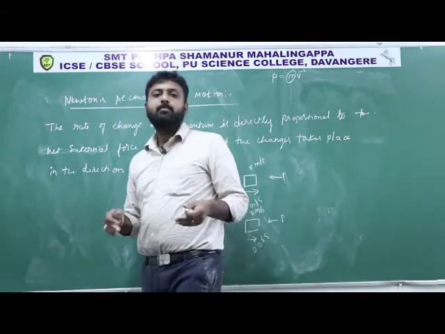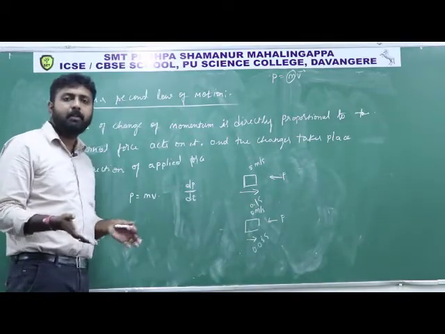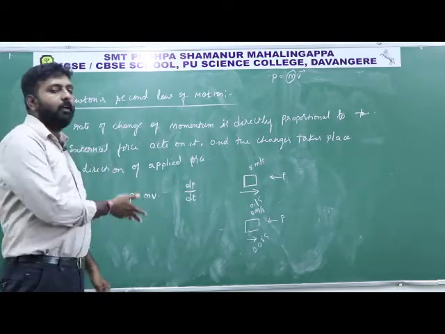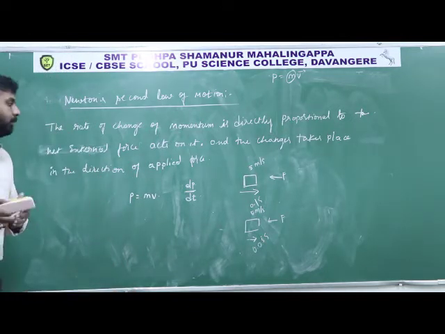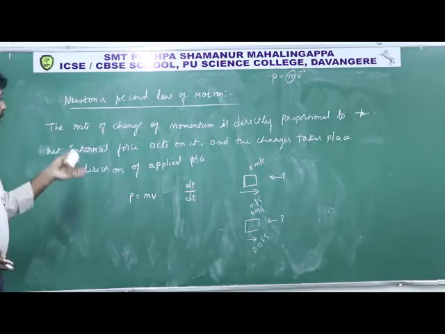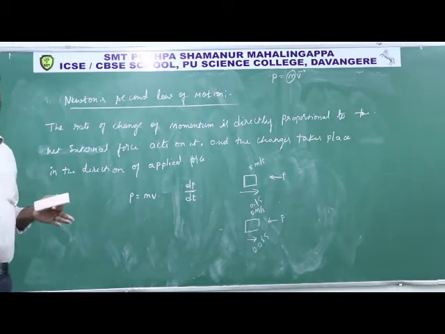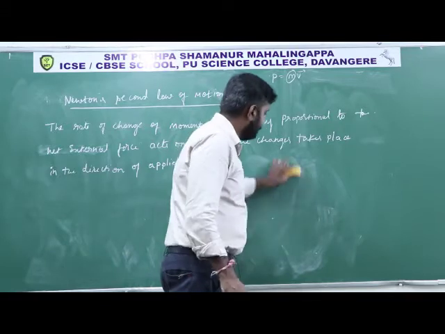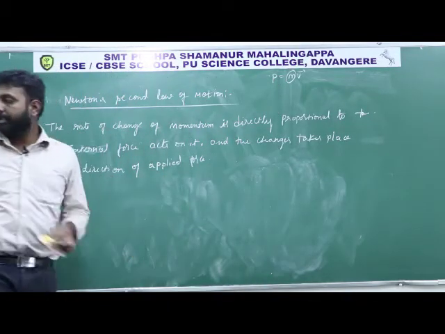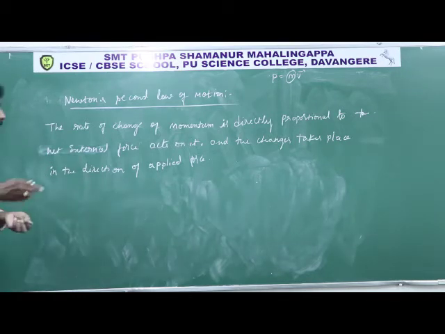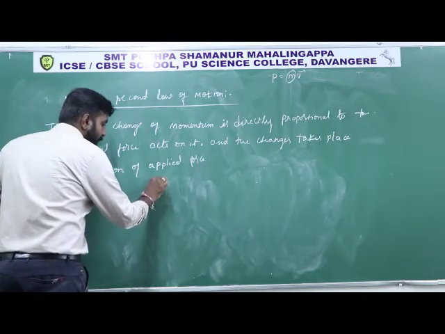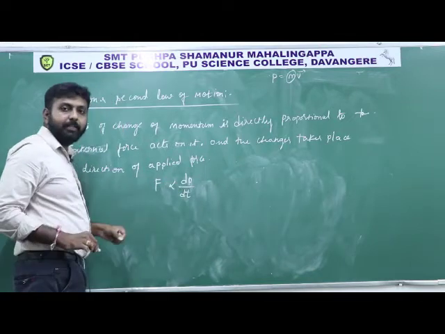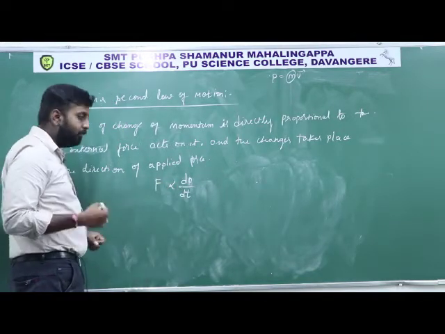This is how we can understand Newton's second law of motion. The rate of change of momentum is directly proportional to applied force. The more force you apply, the faster change in momentum you will observe. Here dp by dt, the rate of change of momentum, is directly proportional to applied force.